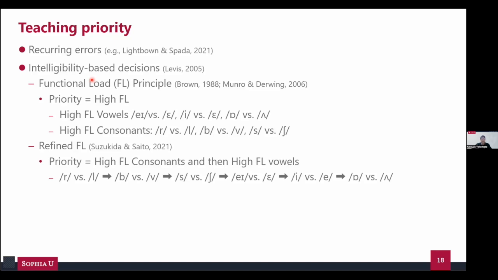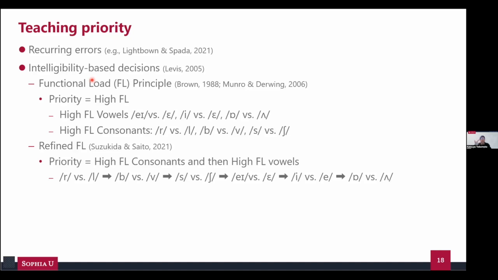Brown and Munro-Derwing actually revisited the functional load principle in 2006, and found the high functional load vowels for Japanese people, and high functional load consonants, such as B versus V, or S versus Sh. Those high functional load pairs should be prioritized.